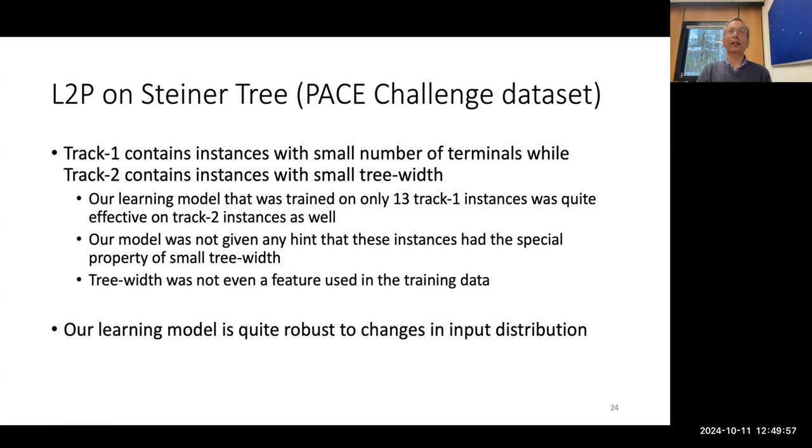We did not give any hint to our model that these instances had the special property of small tree width. Tree width was not a feature used in the training data, but nonetheless, the model was quite effective on the track 2 instances as well. So what we see is that because we are using so much of the algorithmic knowledge in our learning process, our learning model is actually quite robust to changes in the input distribution.